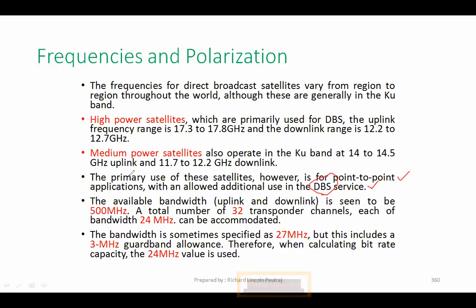The available bandwidth, which is uplink and downlink, is seen to be about 500 megahertz. So in this 500 megahertz, we will be using 32 transponder channels, and each will have a bandwidth of 24. Now, if you multiply 32 with 24, can someone tell me how much we are coming up with?